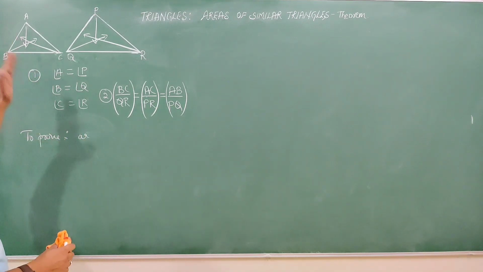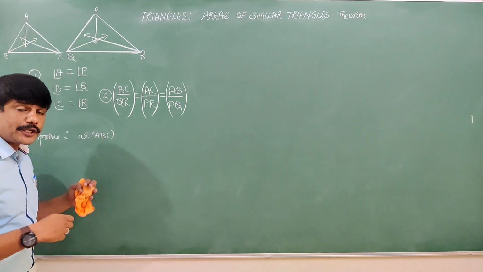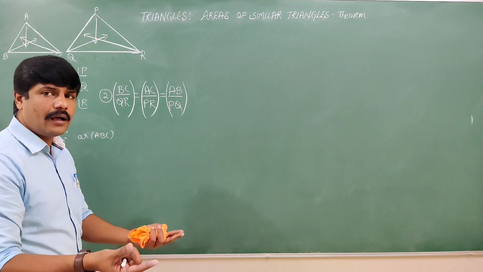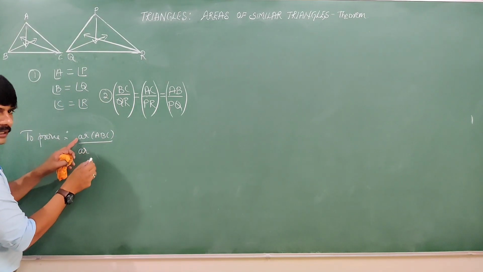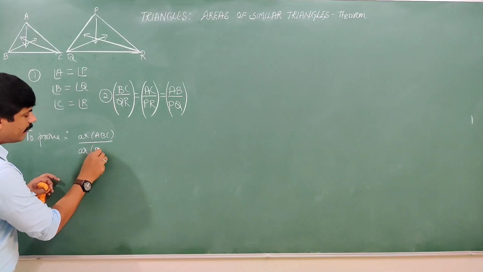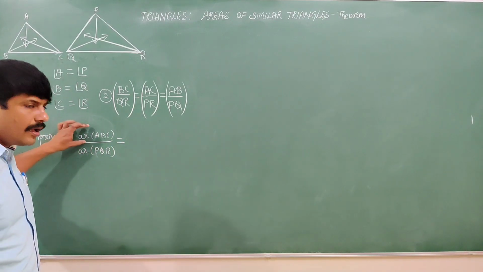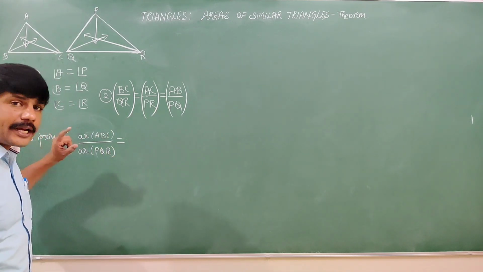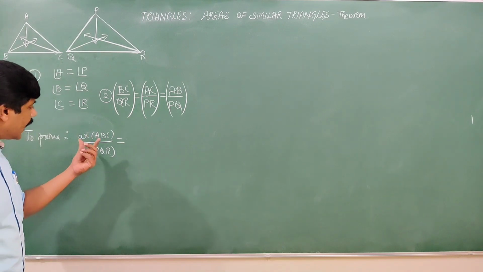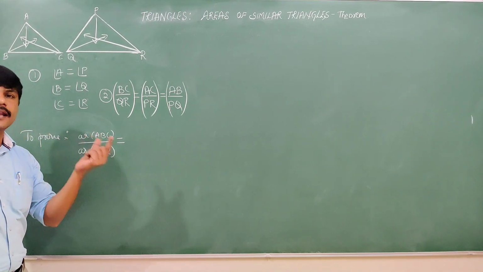the area. What is the area of ABC? We can write area of ABC. Ratio of areas of two similar triangles. Area of ABC divided by area of PQR is equal to, I am reading your statement in the matrix form, the ratio of areas, ratio means area of ABC divided by area of PQR.